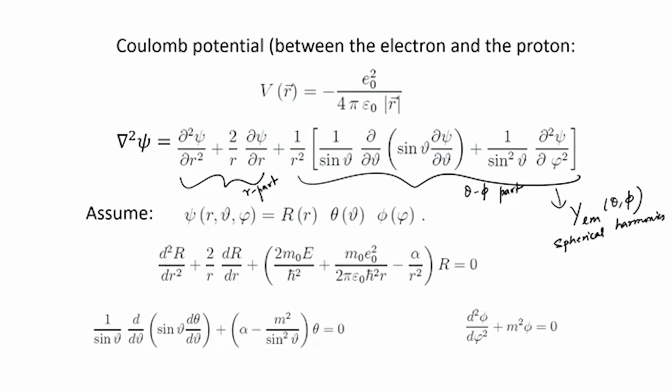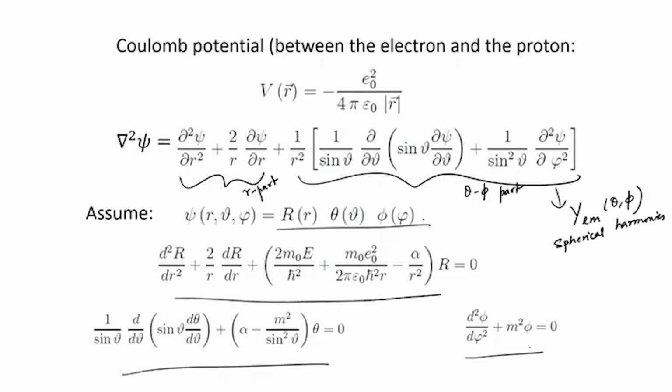Once again, we will not solve it elaborately, but r, theta and phi can get decoupled, and you can write down the solution in terms of R of r, Theta of theta, and Phi of phi. This is the radial equation, and this is the theta equation, and the phi equation is very simple, giving a solution like exponential plus minus i m phi, while the other two are a little more complicated.